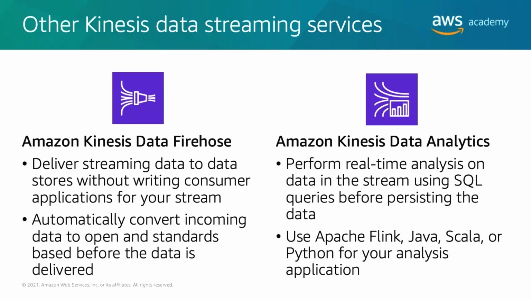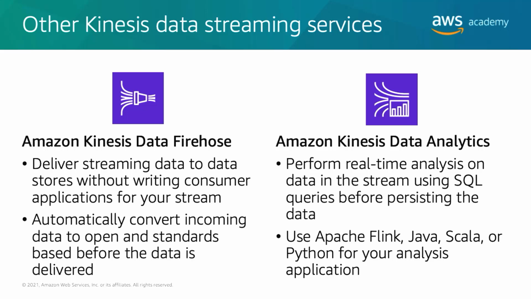Amazon Kinesis Data Firehose is the easiest way to reliably load streaming data into data lakes, data stores, and analytics services. The service can capture, transform, and deliver streaming data to Amazon S3, Amazon Redshift, Amazon ES, generic HTTP endpoints, and service providers such as Datadog, New Relic, MongoDB, and Splunk.